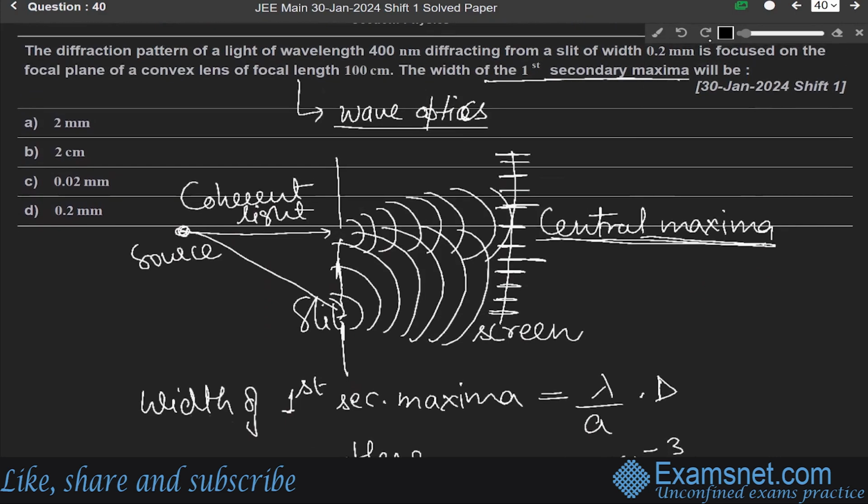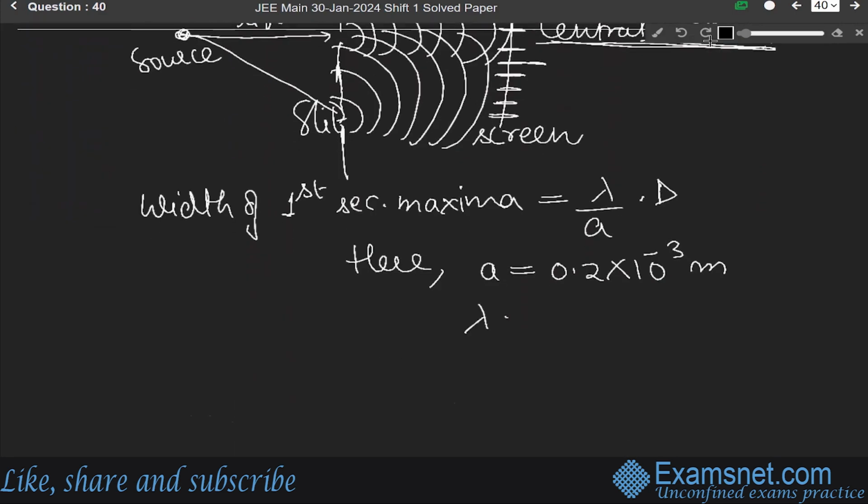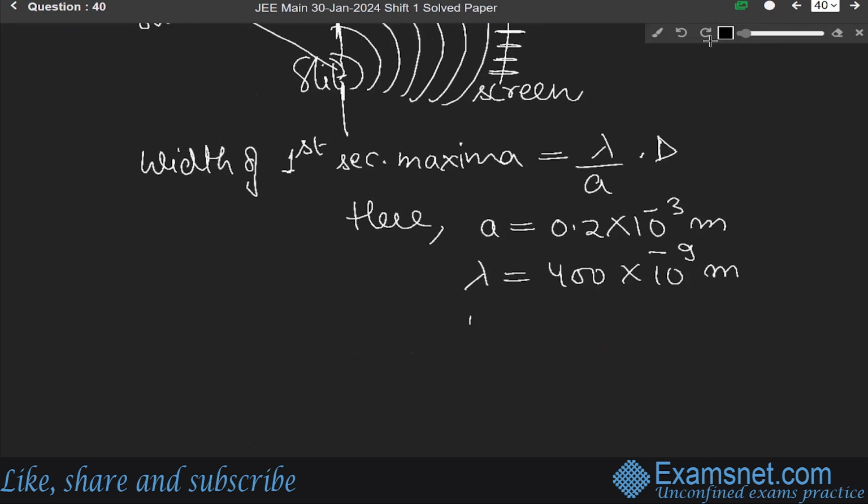And lambda is 400 nanometer, means 400 into 10 to the power minus 9 meter. And D is given as 100 centimeter, means 100 into 10 to the power minus 2.